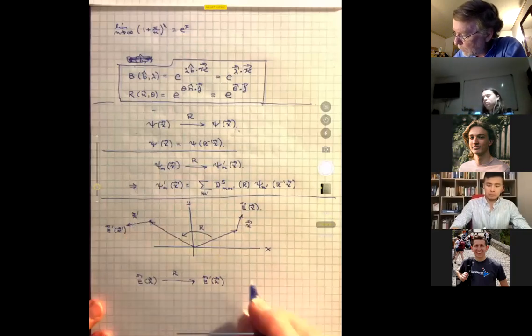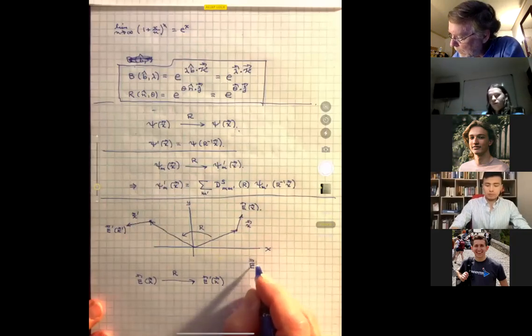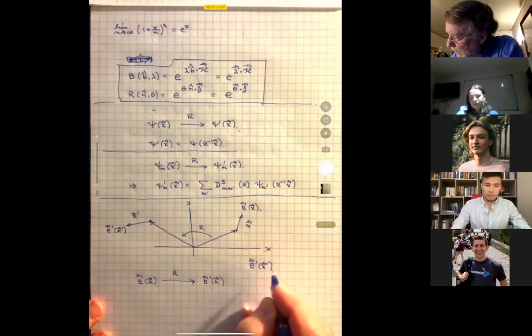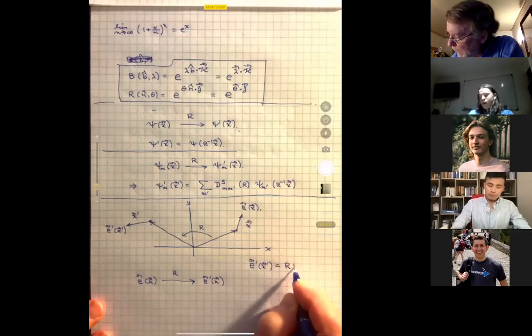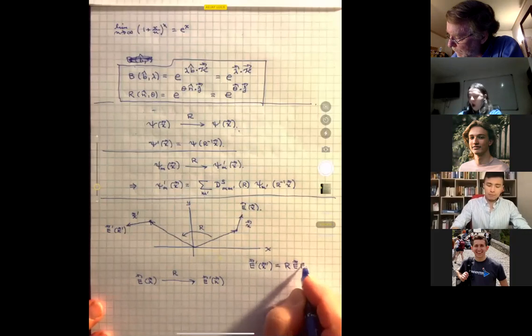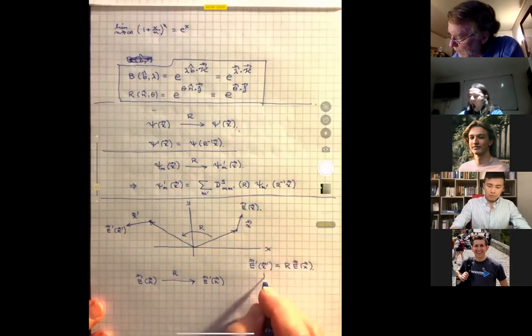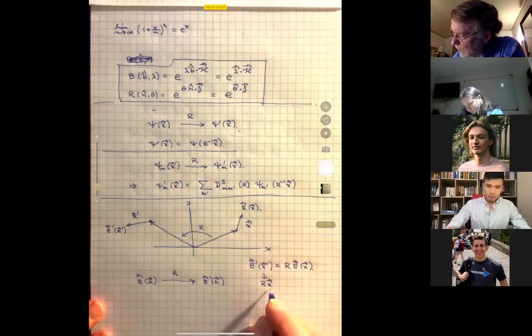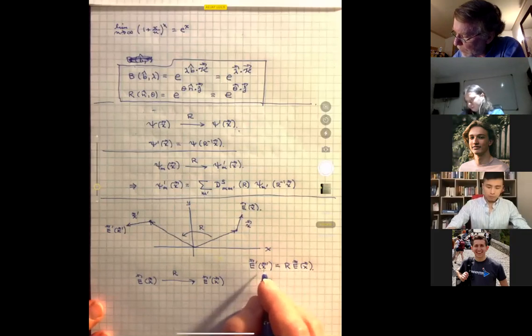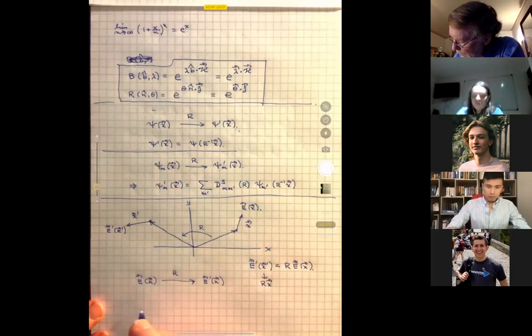And so this leads to the rule that E prime of X prime is equal to R applied to E of X. But X prime is the same thing as R times X. So if I remove the X prime here and replace it by an X, replacing X by R inverse X, then what we obtain is that E prime of X is equal to R multiplied times E evaluated at R inverse X.